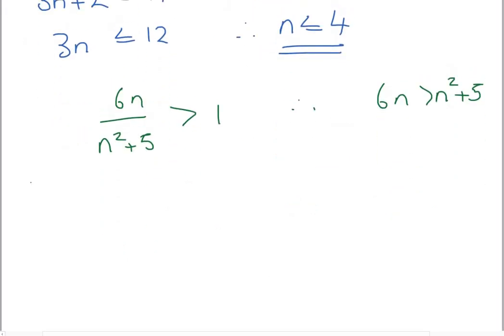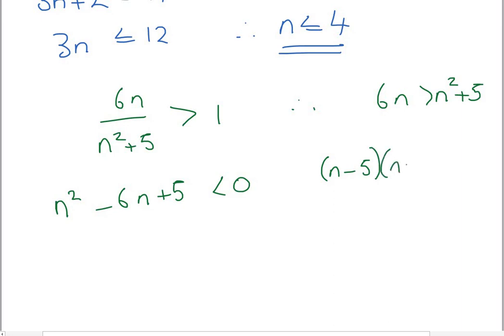Okay, so let's solve this. Well, we can rearrange this as n squared minus 6n plus 5 is less than 0.